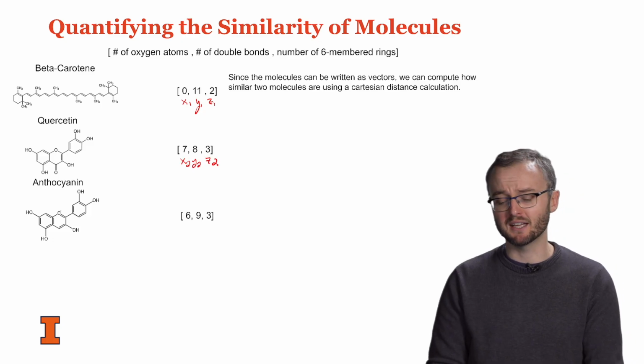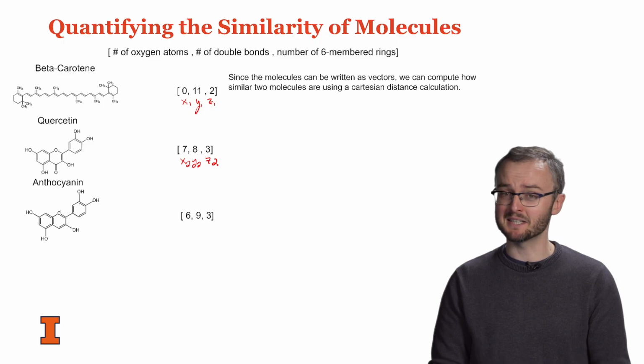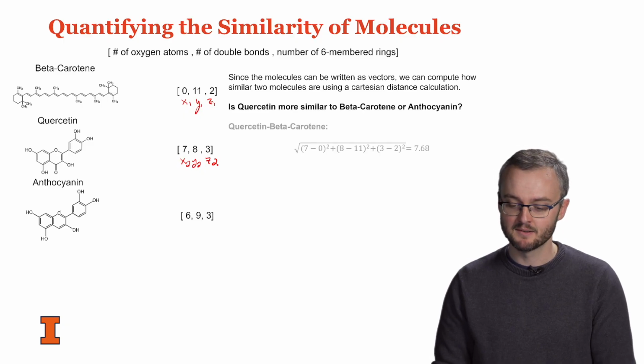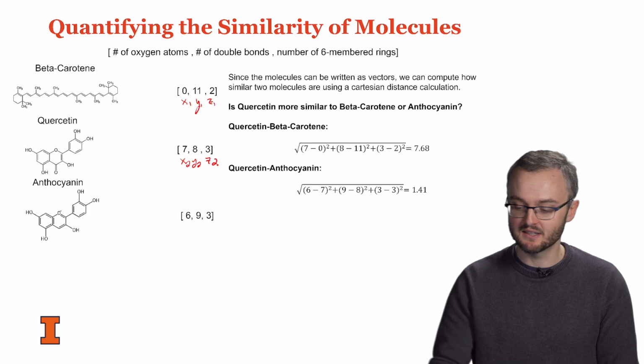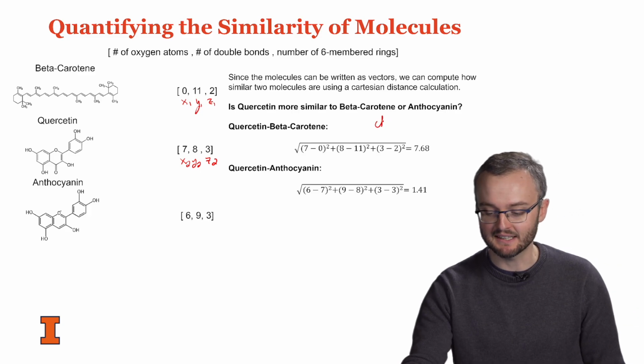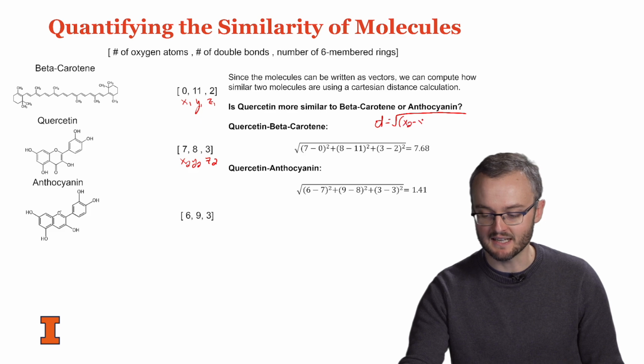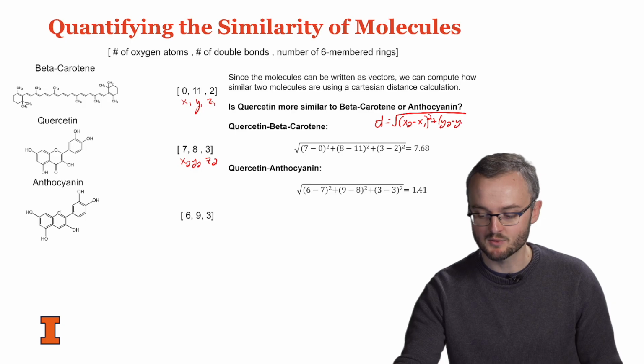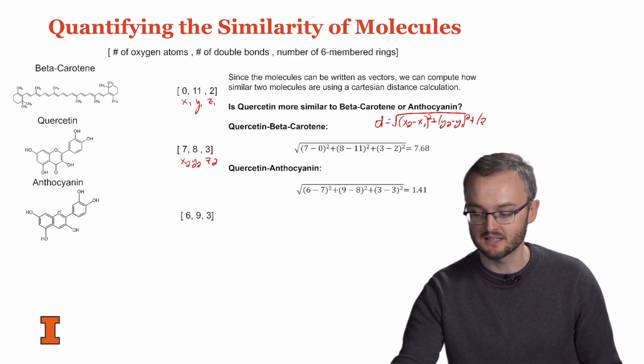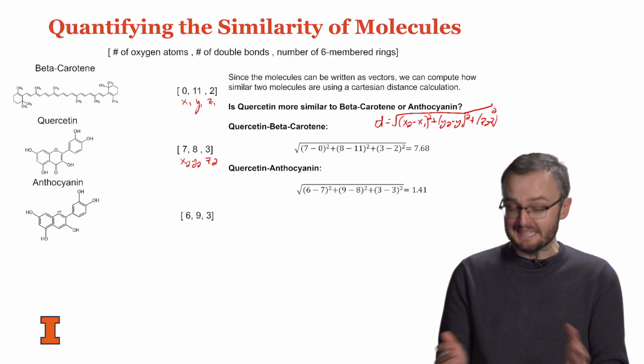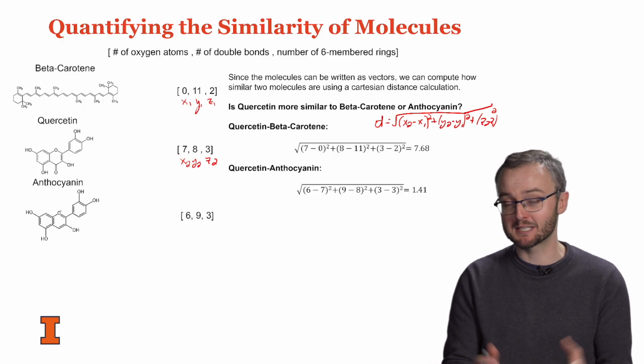And so then I know that if I want to calculate the distance between 2 points, I can use an analogous calculation that would be like the distance is equal to x2 minus x1 squared plus y2 minus y1 squared plus z2 minus z1 squared. And that would be a distance between 2 points in this space.